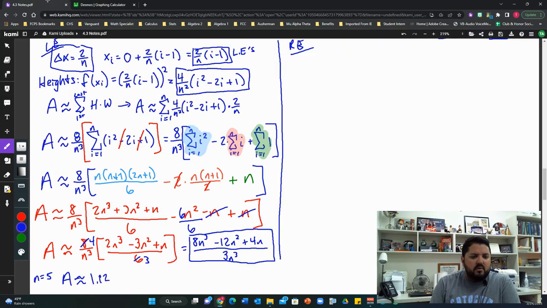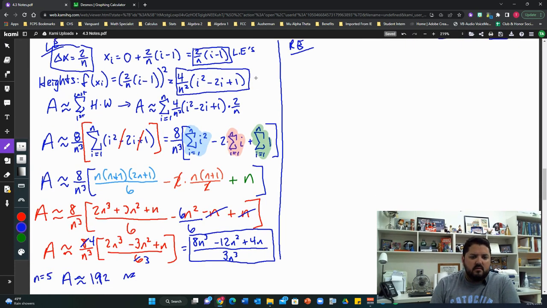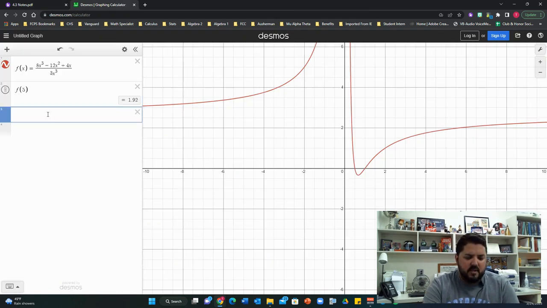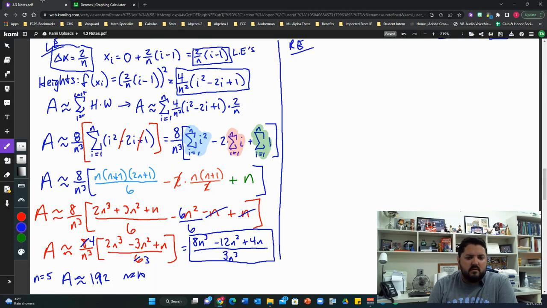If I were to go through and do all of the substitutions here, do all the math, that's what my area equals. Okay, now when n equals, what was our next value? n equals 10. If I do the same thing, f of 10, now I get 2.28.